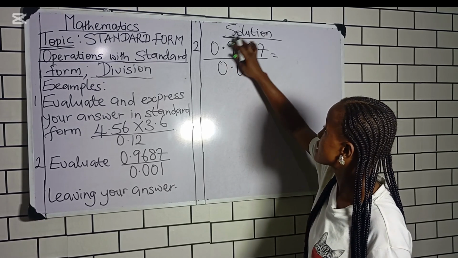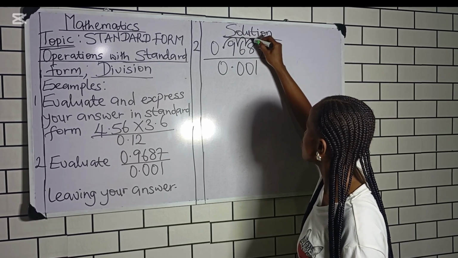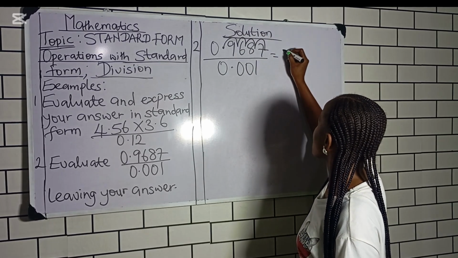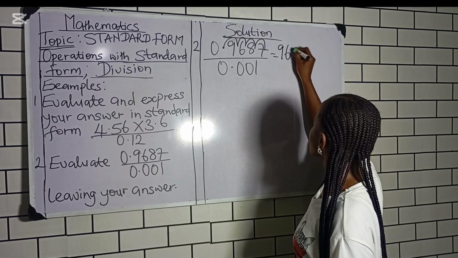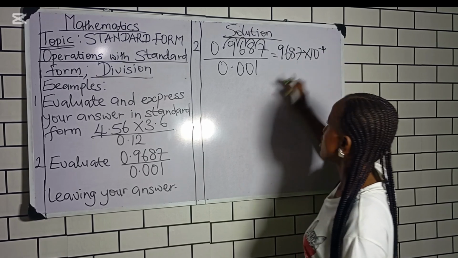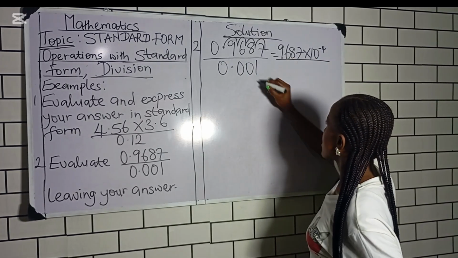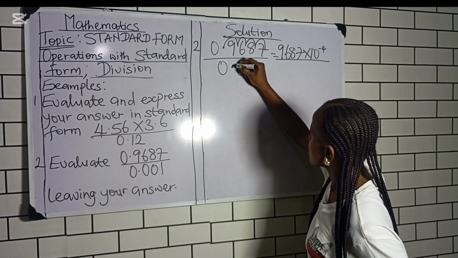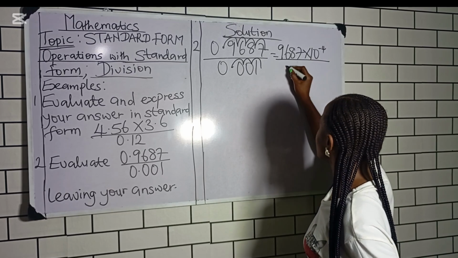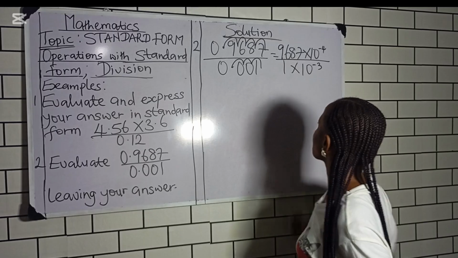We carry it after the last digit. We count 1, 2, 3, 4. Now we have 9687 times 10 raised to the power minus 4, because we counted from this side to the other side. All over, this is the decimal point. We count 1, 2, 3. This is 1 times 10 raised to the power minus 3.